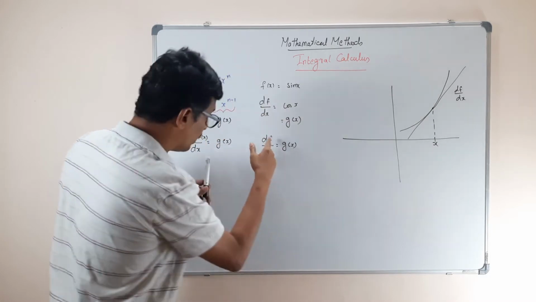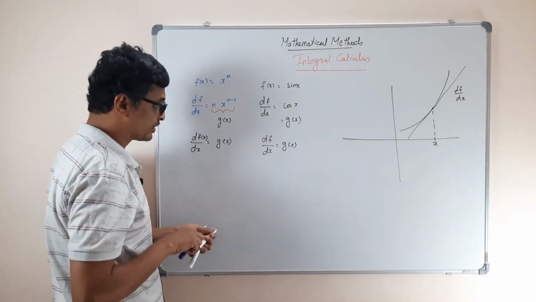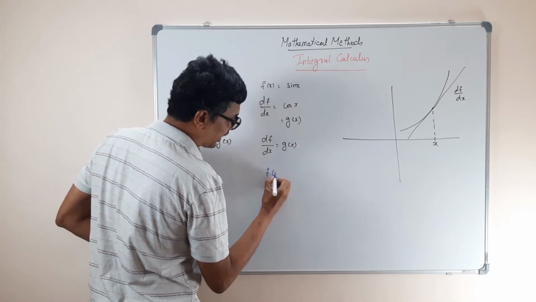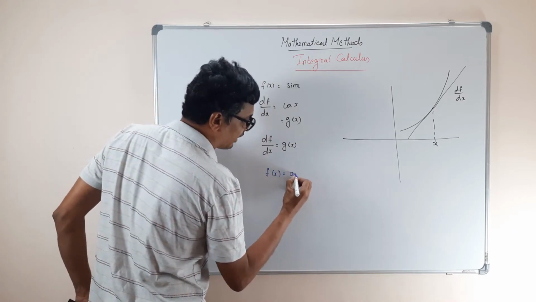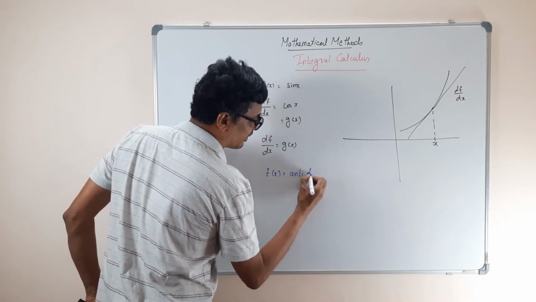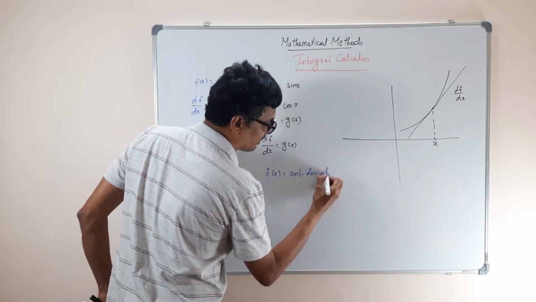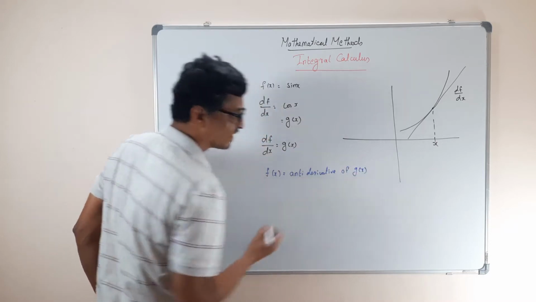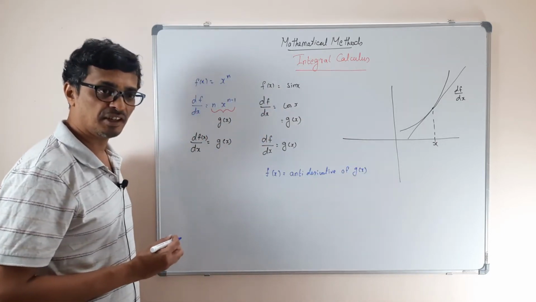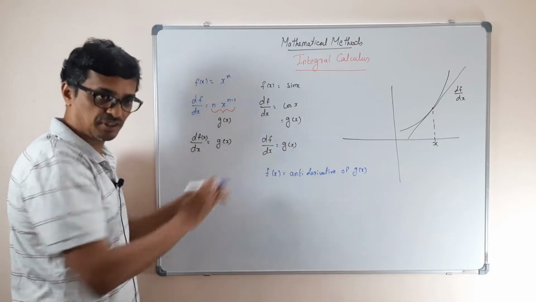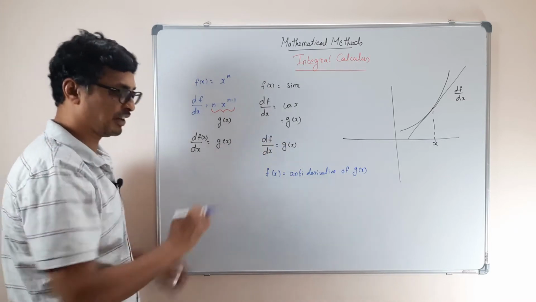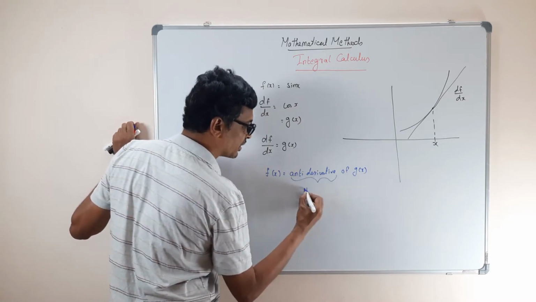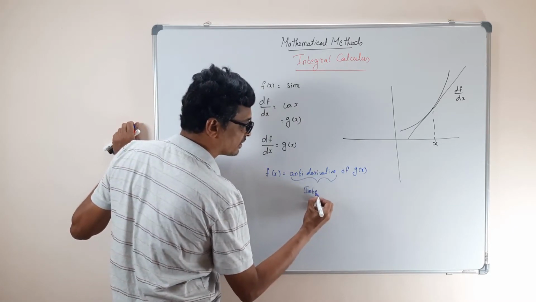So f of x will be the antiderivative of g of x. You got it? It is basically the inverse, the reverse of the derivative. This antiderivative is called integration.